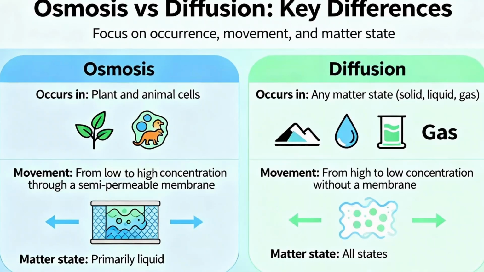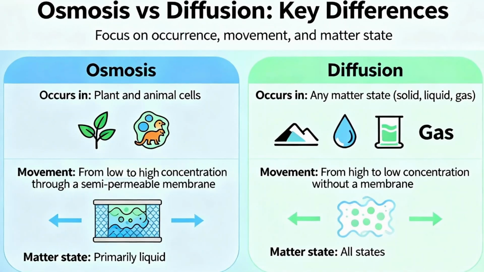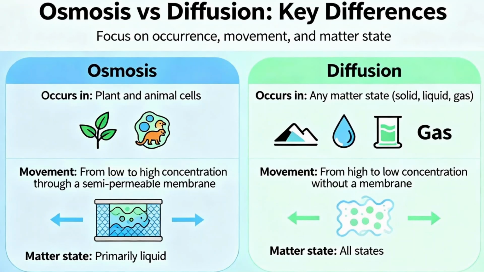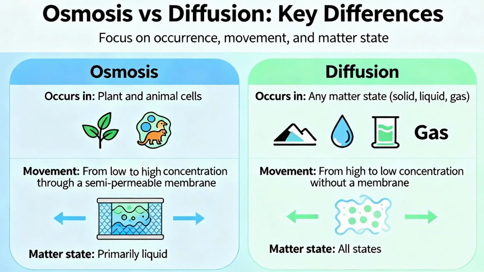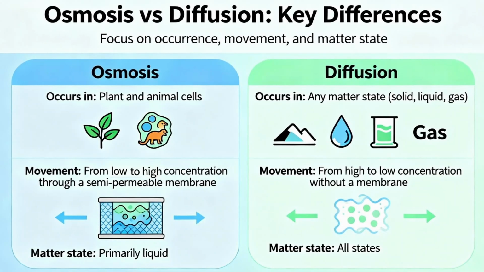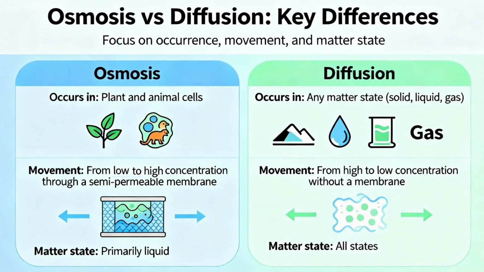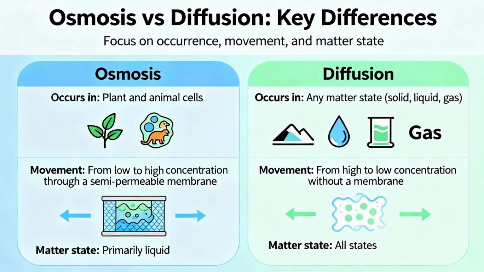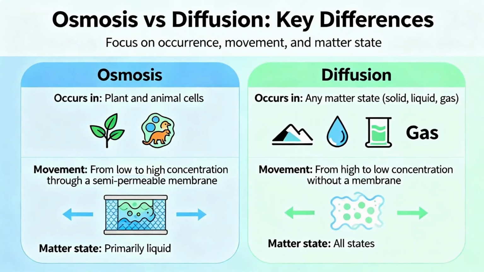While in diffusion, it moves from the region of higher concentration to that of lower concentration. Then the third difference is that diffusion happens in plants and animals, and it also happens in non-living things. But osmosis happens only in living things, that is in plants and animals. It does not happen in non-living things.